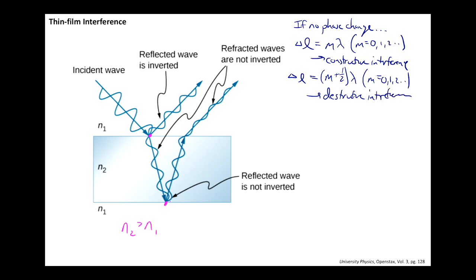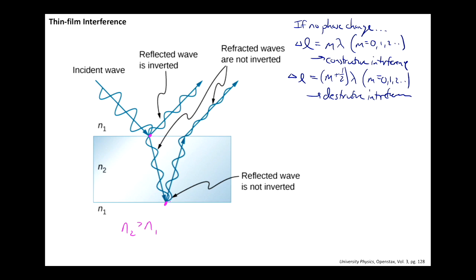And I'm talking about totally constructive and totally destructive. These are the ideal cases when they perfectly line up either in phase or perfectly out of phase. I just hate to write the word perfectly or totally every single time we write constructive and destructive. Okay? So this is exactly like what we talked about last week. If we didn't have to contend with the phase change as well, this would be true.